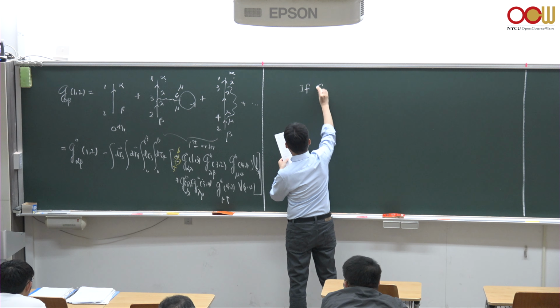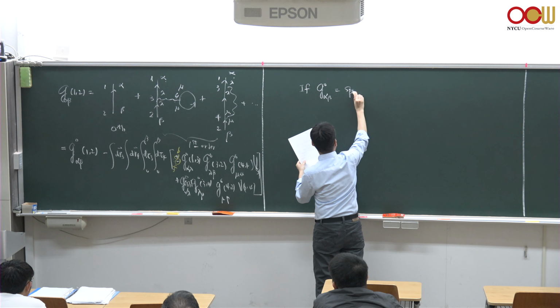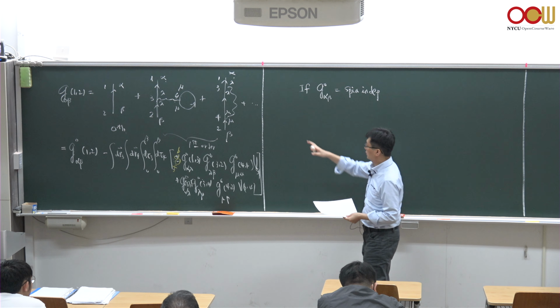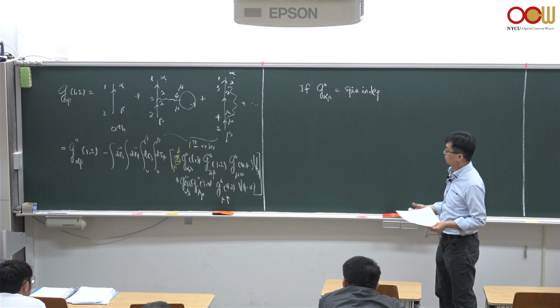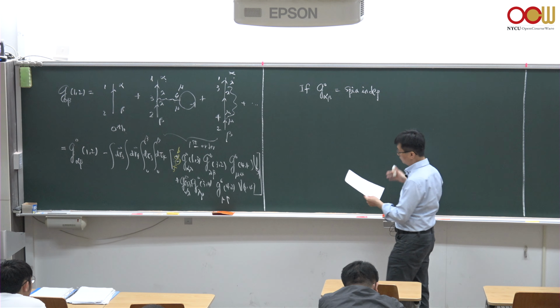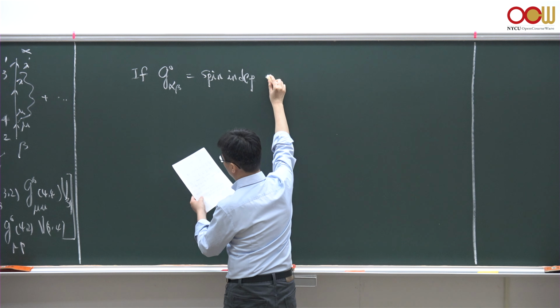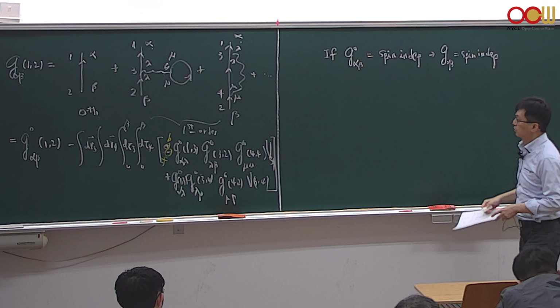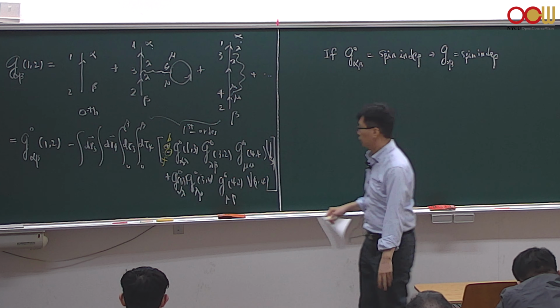If G0 alpha beta is spin independent, suppose there's no spin. Of course, there are these alpha and beta spin indices, but in many cases, these particles may not carry spins. If they don't carry spins, then G alpha beta is spin independent, because the full Green's function G alpha beta is made of a function of all the G0s.